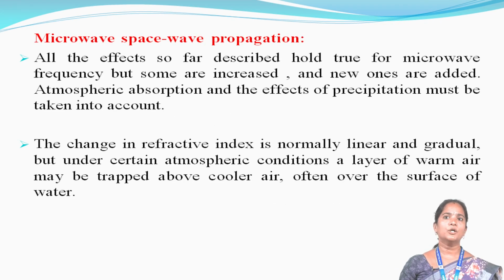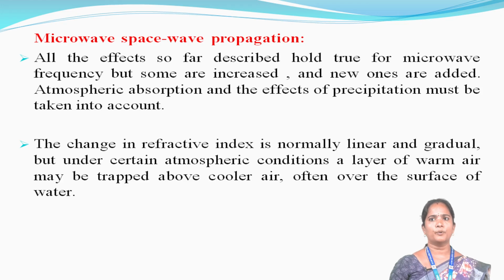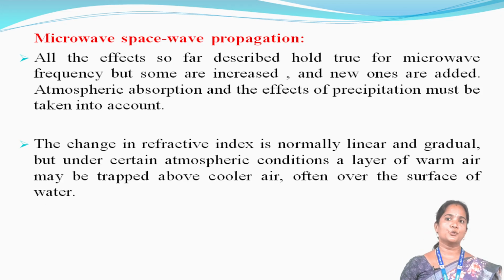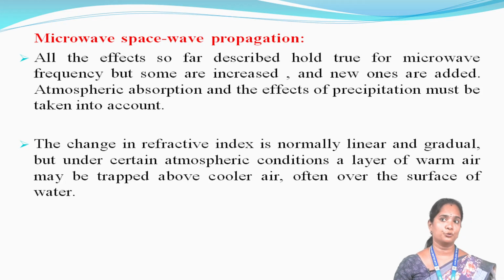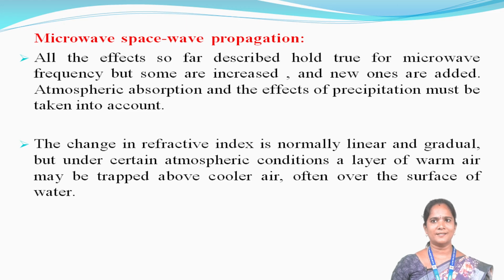Another one, microwave space wave propagation. All the effects so far described hold true for microwave frequencies, but some are increased and new ones are added. Atmospheric absorption and the effect of precipitation must be taken into account.